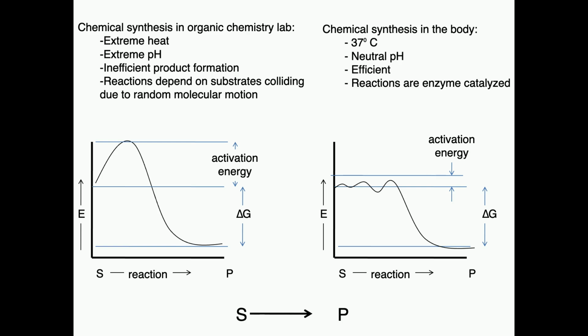It's never going to make ribose 5-phosphate or galactose phosphate, okay? It's only going to make its intended product, and not only that, but the actual stereo-specific product as well, right? And the key difference there is that the reactions don't depend on random collision of molecules within a test tube, okay? In the body, most reactions are enzyme catalyzed.